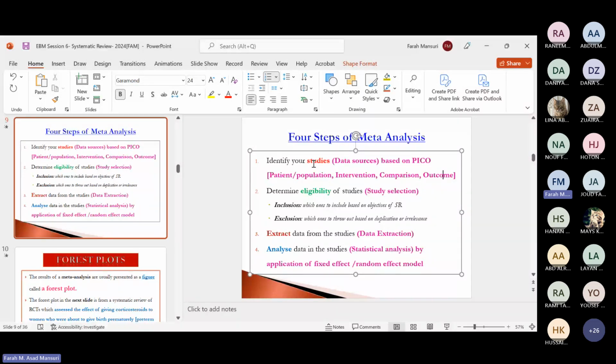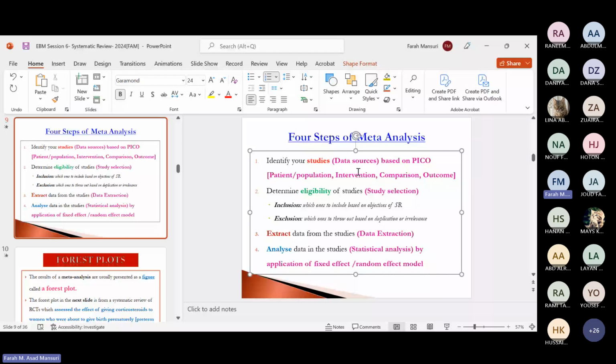So that is how we go about it. Then we see which studies are eligible to be included or to be excluded. That is, study selection is the next step. First is the identification of the study, then the eligibility.